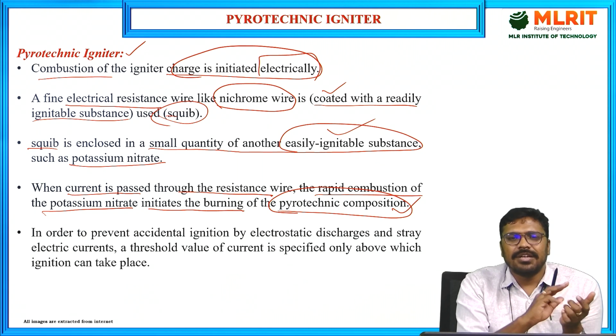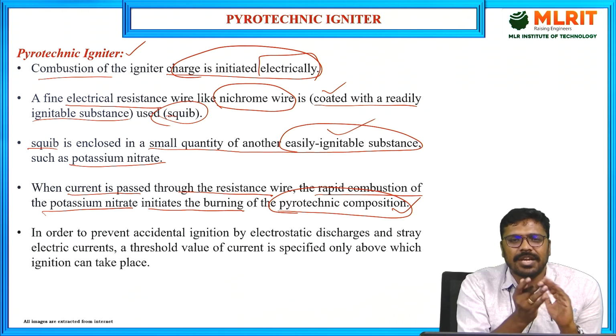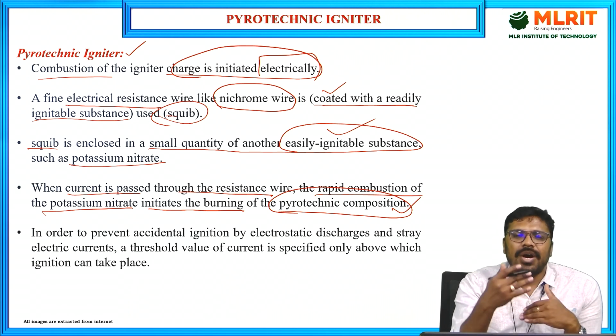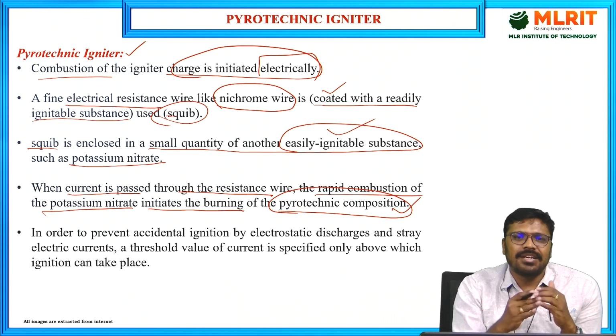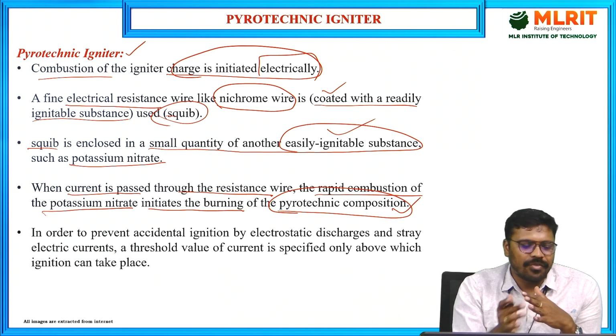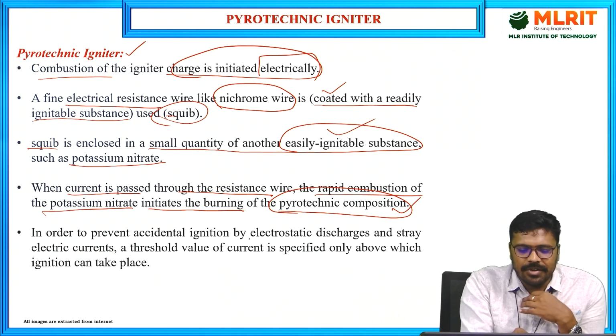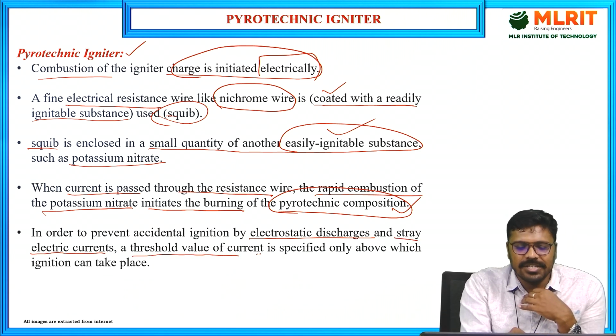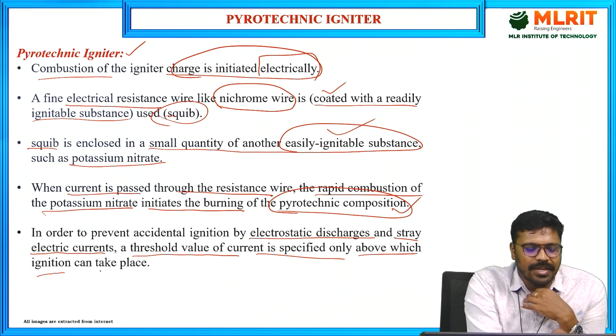Sometimes, when we connect the nichrome wire to the electrical supply, there can be an accidental transfer of static electricity. To avoid that accidental transfer to the nichrome wire, electrostatic charges are discharged and stray electric currents are stopped. A threshold value of current is specified, above which only the ignition takes place.